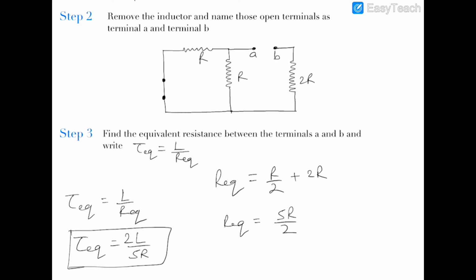And you have to write the time constant as L upon R equivalent, and R equivalent here is 5R by 2. So this was a brief example of finding out the equivalent time constant in complex circuits.